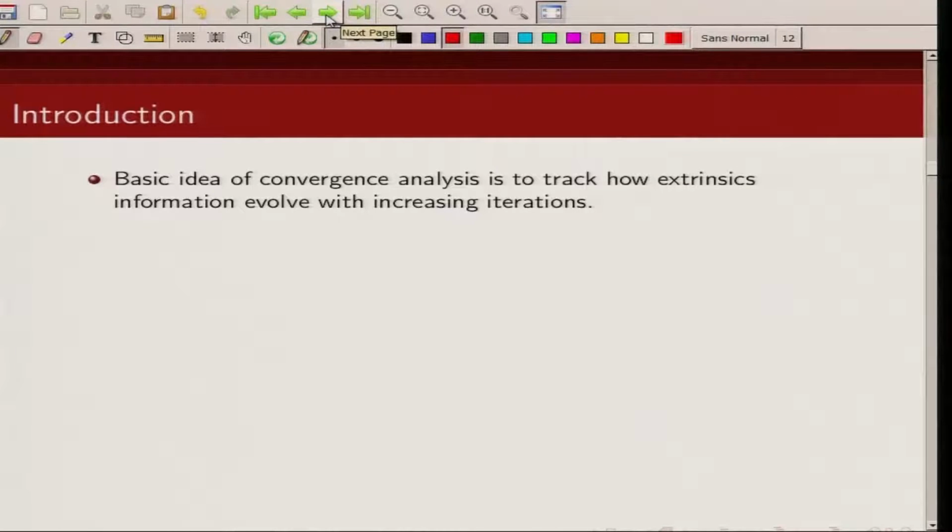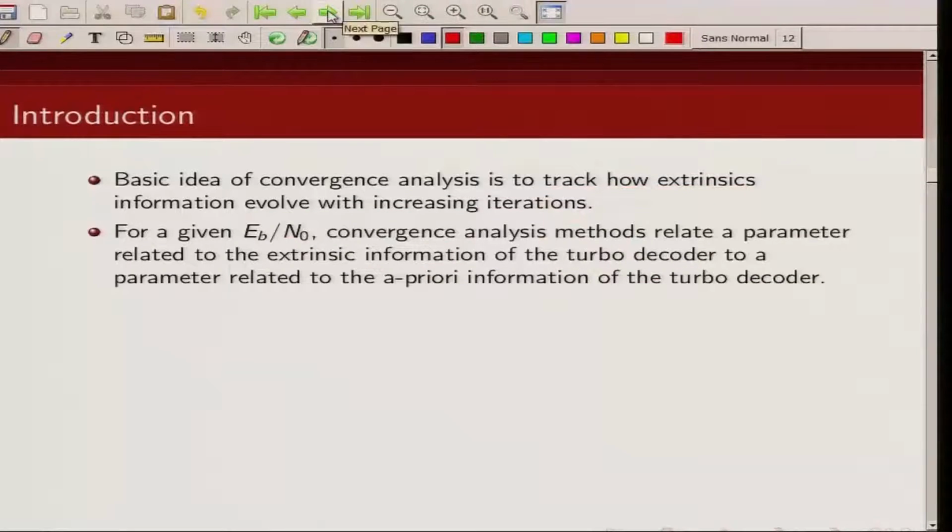The basic idea of convergence analysis of turbo code is to track how the extrinsic information evolves with increased iteration. If you feed in a better a priori value, how is your extrinsic information evolving? So, for a fixed signal to noise ratio, we have a set of received values.